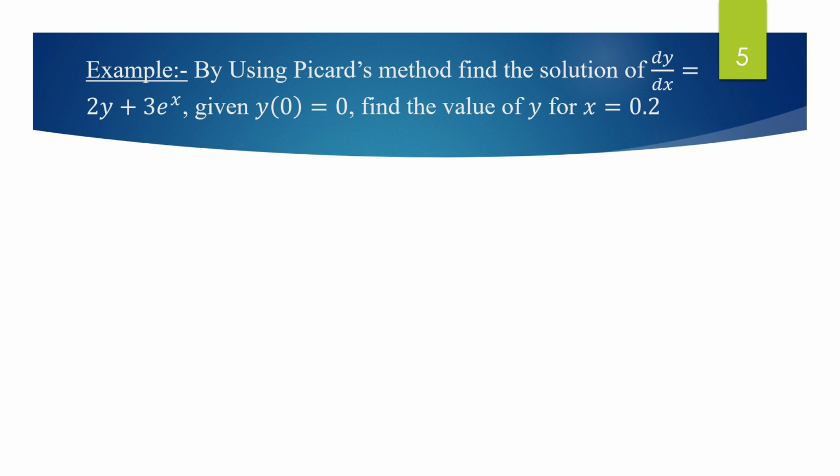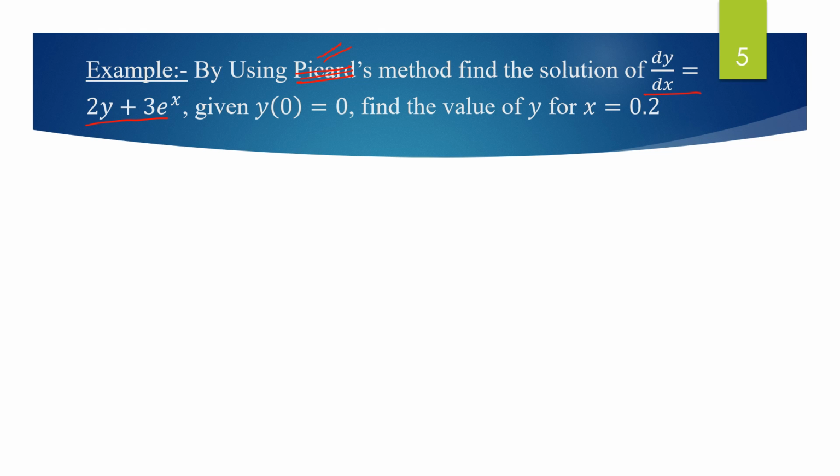Now this is example number 2, which you have to solve yourself by using the modified Euler method, where dy by dx is 2y plus 3 e to the power x. Over here it is clear that in the last 2 lectures we are solving the same example. I am here to explain the method only.